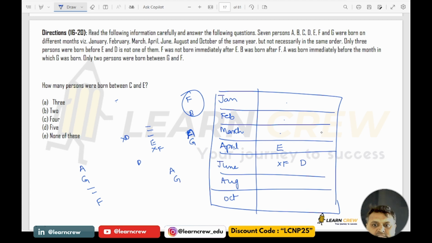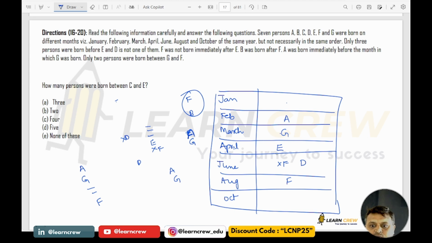Only 2 persons were born between G and F, so G and F cannot be here. If I take G here and F here, 2 persons born between G and F is satisfied. And A is definitely just above G.